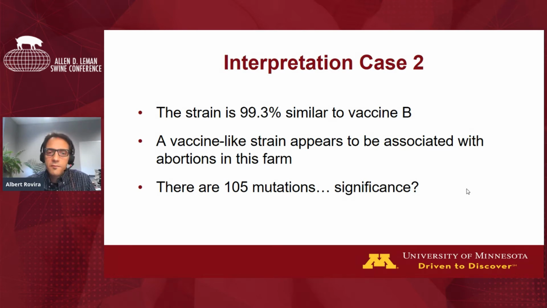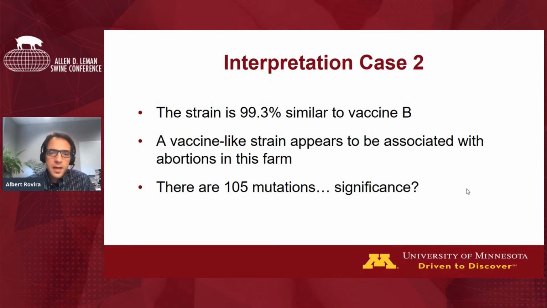Again, these samples came from the serum of the sow, not from the fetuses. So that's why I'm saying that it appears to be associated with abortions. Still, we would want to get more proof of that.